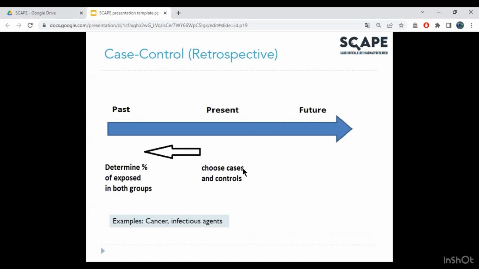Once he specifies his cases and controls, then he can ask them about past events, either personally through a survey or by reviewing their medical records and their health data.